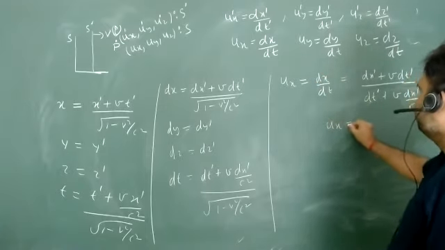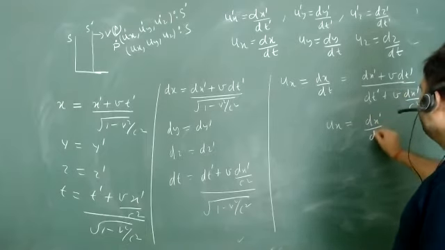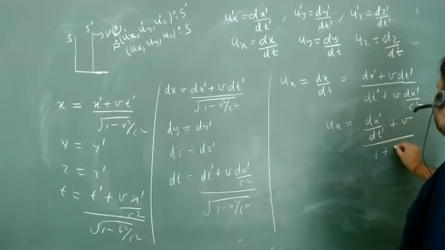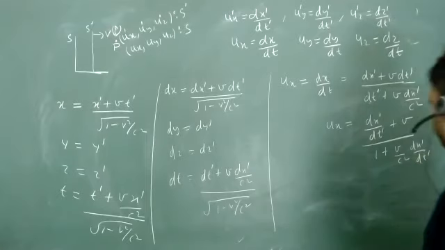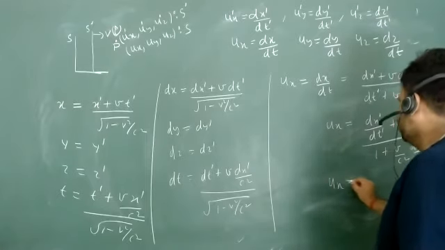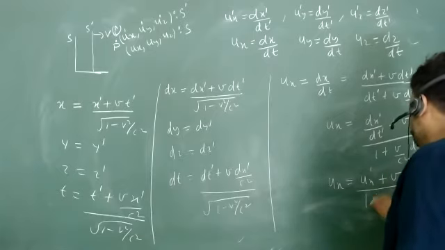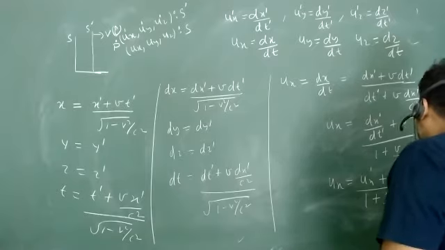So ux is equal to ux' plus v, divided by 1 plus v upon c square ux'.